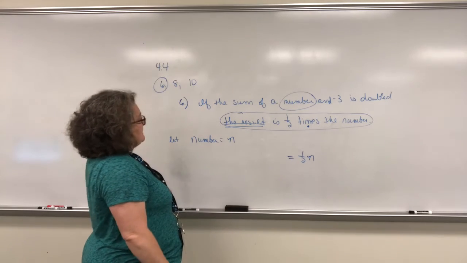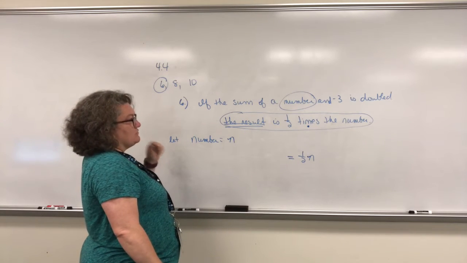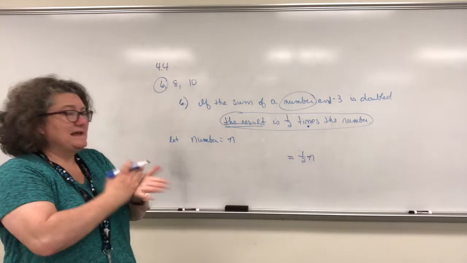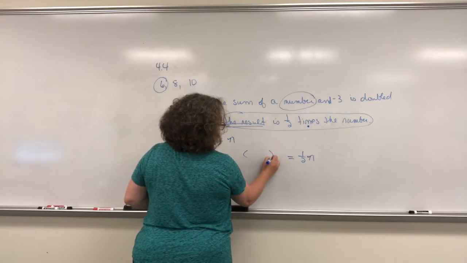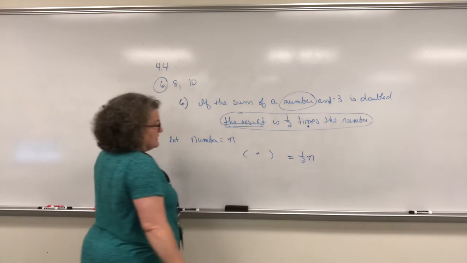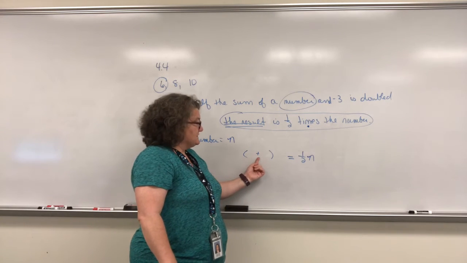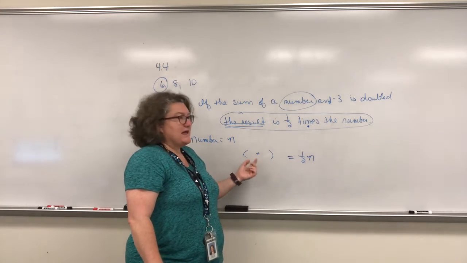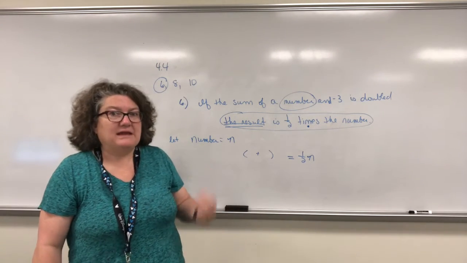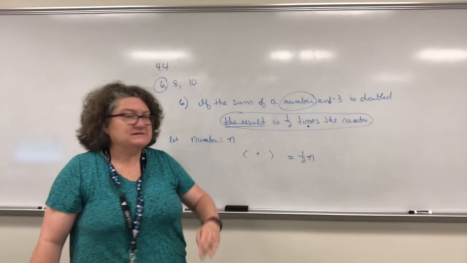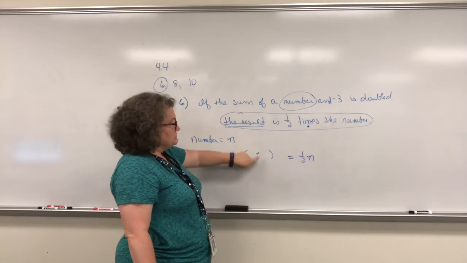On the left side here, I have if the sum of a number and -3 is doubled. Well, I need to take the sum first. I recommend that you put in parentheses and put a little plus sign. You're going to know where this plus sign is by the word and, or what the two things that you're adding are. The word sum tells you that you're going to add.